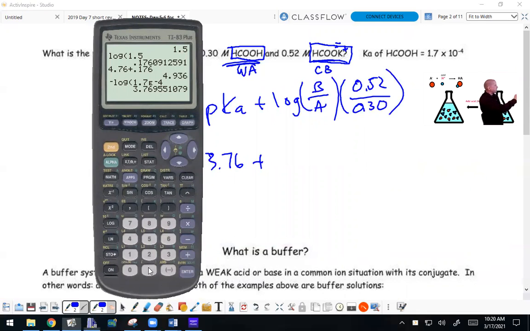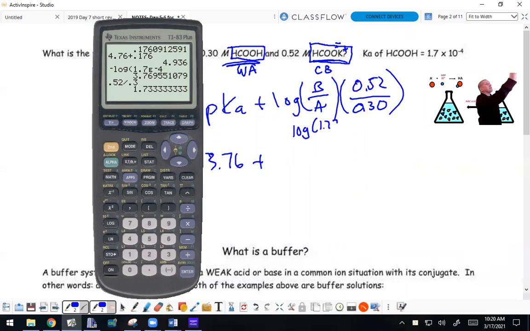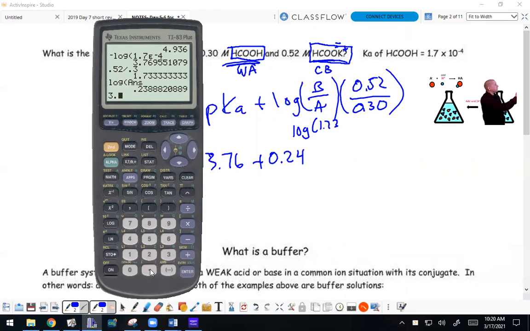So let's divide those. 0.52 divided by 0.3. So we got the log of 1.73. So log of that answer, and we get 0.24. 3.76 plus 0.24 gives us a pH of 4.